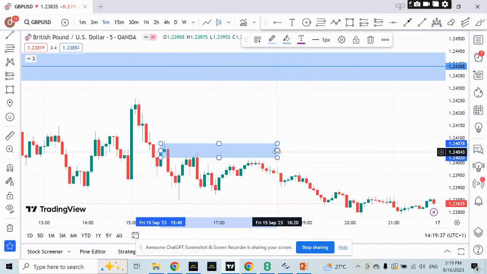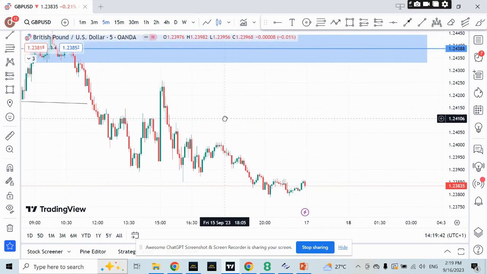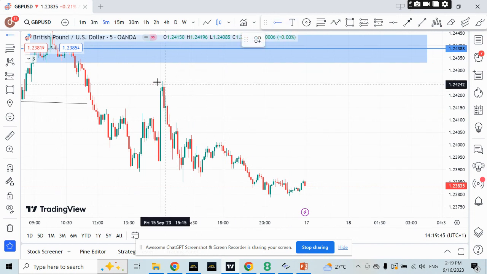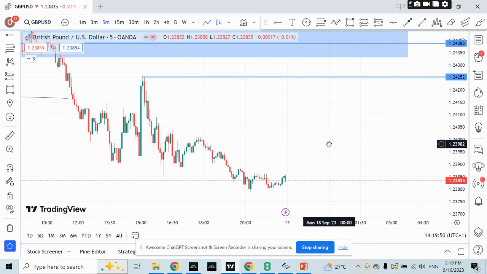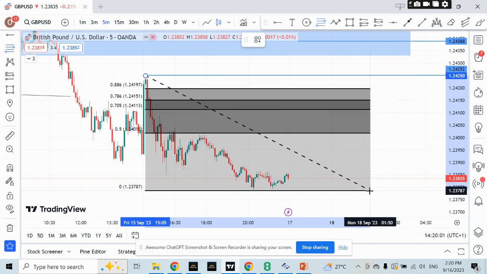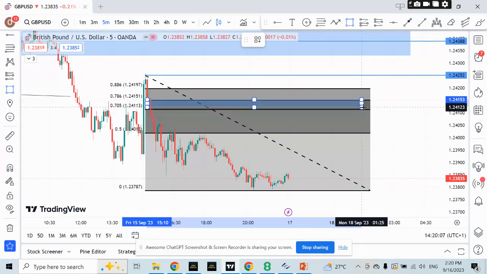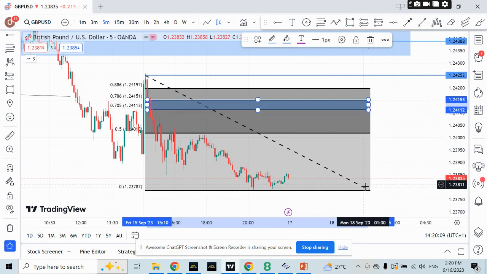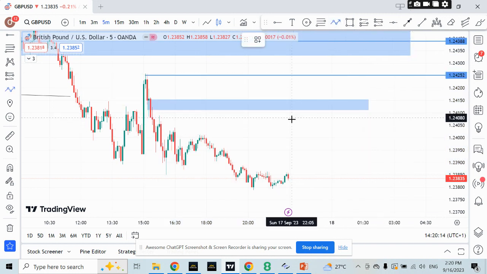So now for me to be more conservative, I'm going to use my Fibonacci from this level. This is the recent high being created on the 15 minute. From this level, I'm going to use my Fibonacci and take positions above the 50% level, 70% at most.